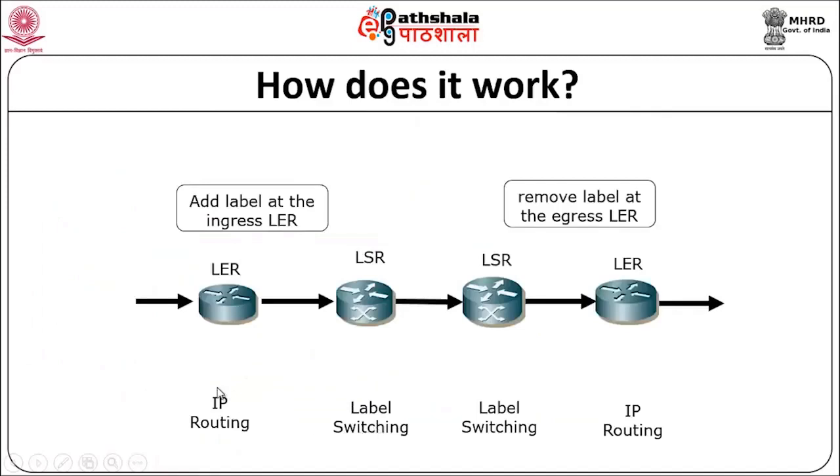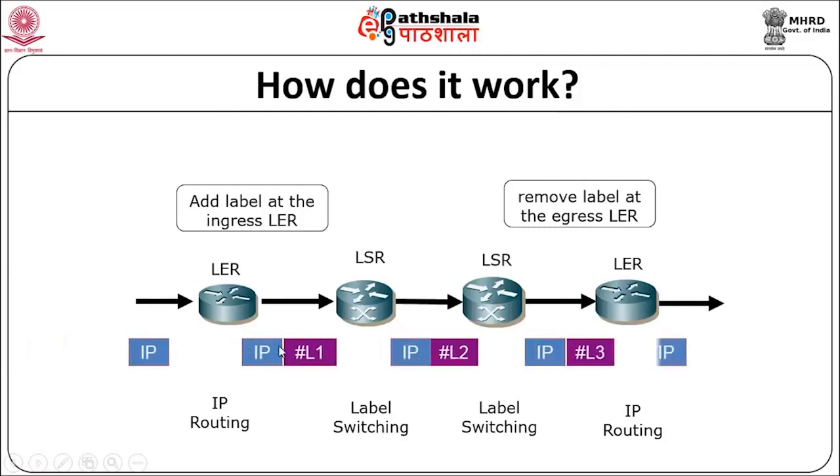So how does this whole thing work? As I said, you have an LER at the two ends and maybe multiple LSRs in between. This LER is our ingress LER. This is responsible for adding a label to the packet, and this LER is responsible for removing the label from the packets. So once an IP packet comes in, this is what will happen. The IP packet comes in, and the label L1 is added.